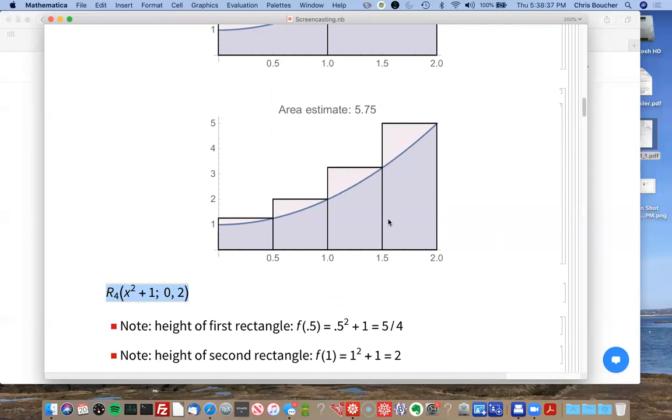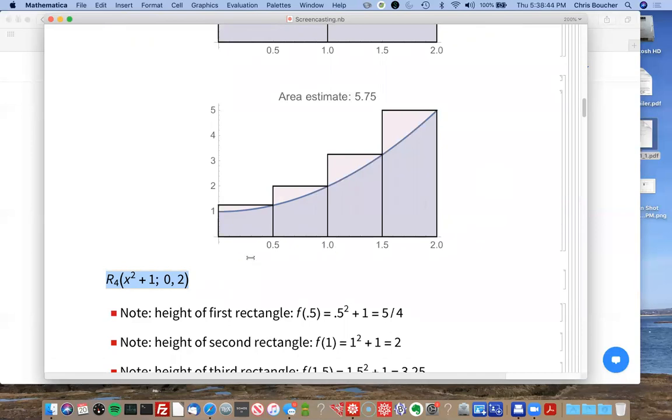Notice if we dive into this approximation a little bit deeper, the height of the first rectangle, by first I mean the one on the left, so I'll count from left to right, is the function value right here at x equals 0.5, right? f of 0.5. I get the function value by plugging into the function, so f of 0.5 is 0.5 squared plus 1, which comes out to be 1.25 or 5/4.